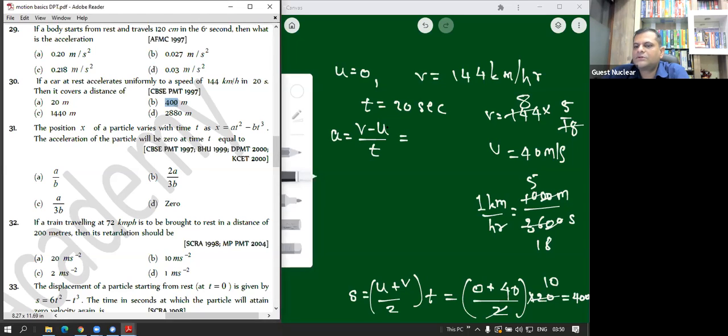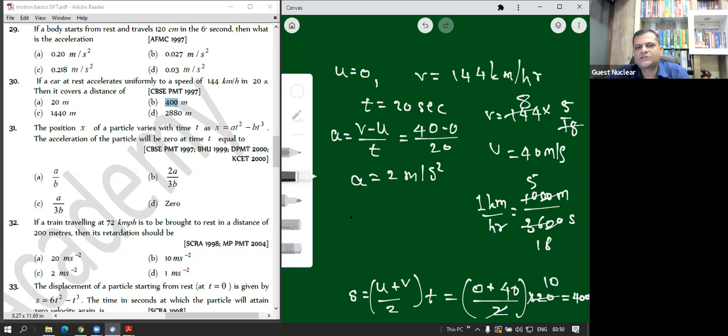No doubt we can also do it by finding the acceleration first, but it will just require more time, because v is going to be 40 minus 0. So 40 minus 0 upon 20 comes out to be 2 here. So 2 meter per second square हमको acceleration मिल गया.